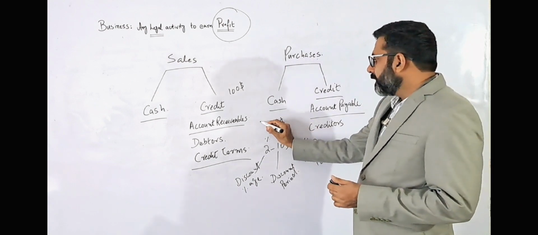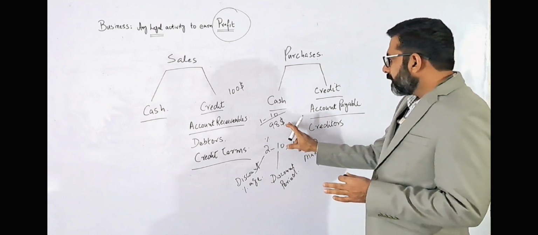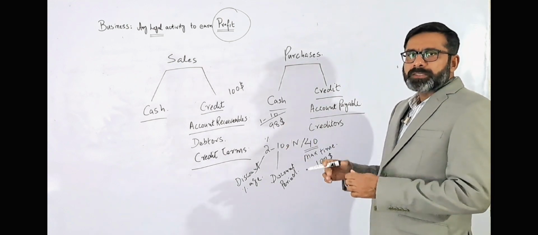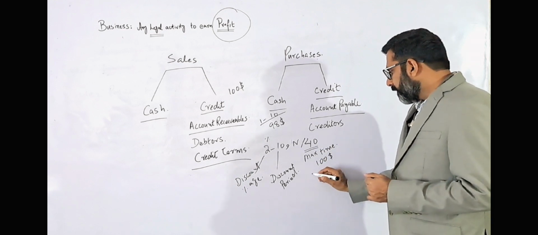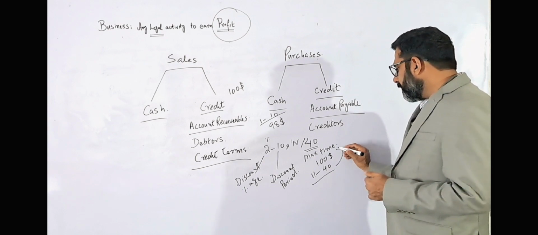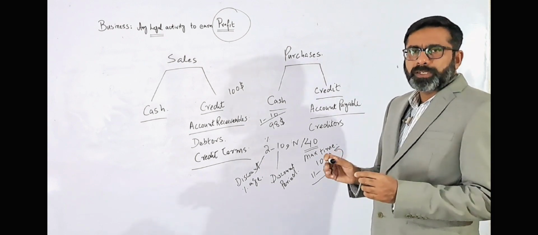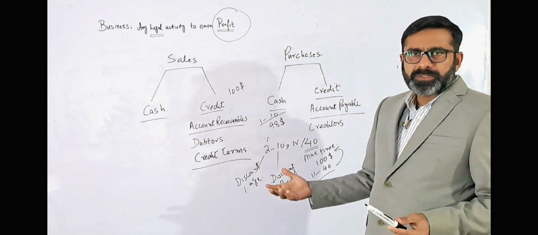From day 1 to day 10, the customer pays $98 because they are availing the 2% discount. But from day 11 to day 40, the customer will pay $100. That is how credit terms work.